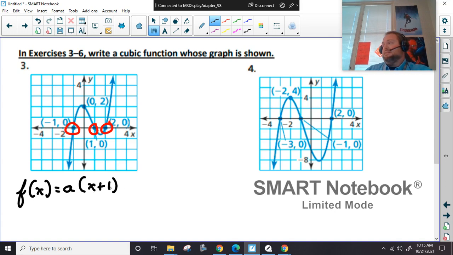It's the opposite. Our next one, as we read from left to right, it says 1, 0, but when we write it, it has to be the opposite. And the same thing with 2. All right. So those are our x-intercepts.